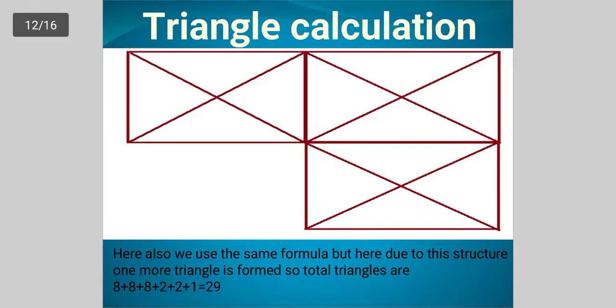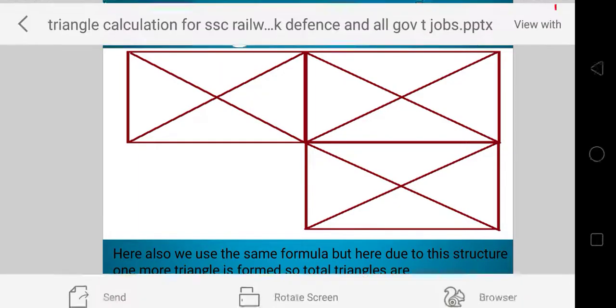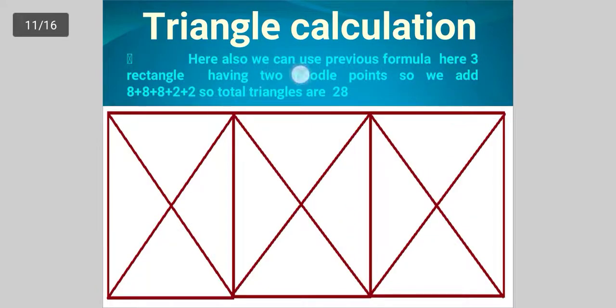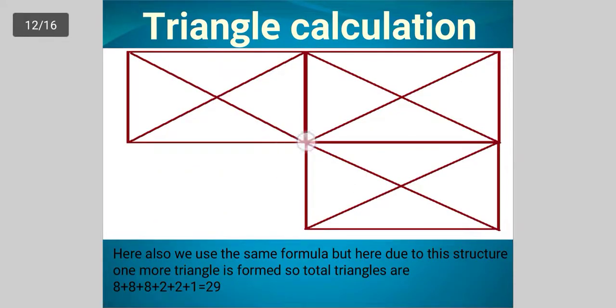In this figure, we have joined the 3 rectangles but in a different shape. So what will happen here? 8 plus 8 plus 8, but it is forming one triangle, then 2 triangles, here 3 triangles and 4 triangles.